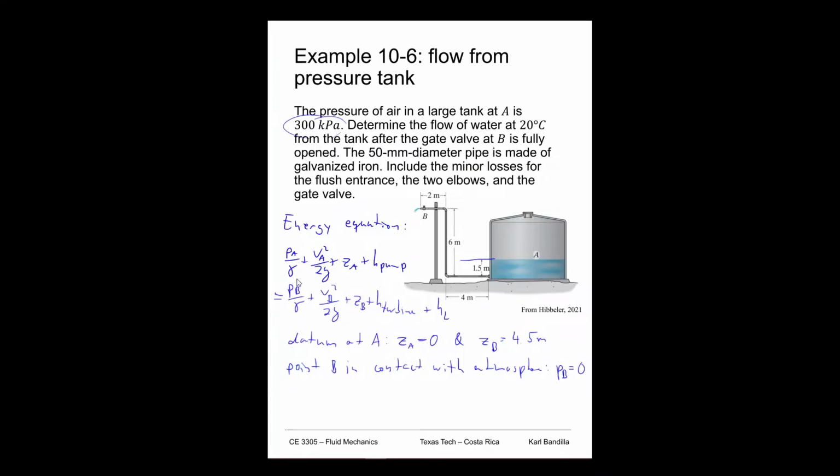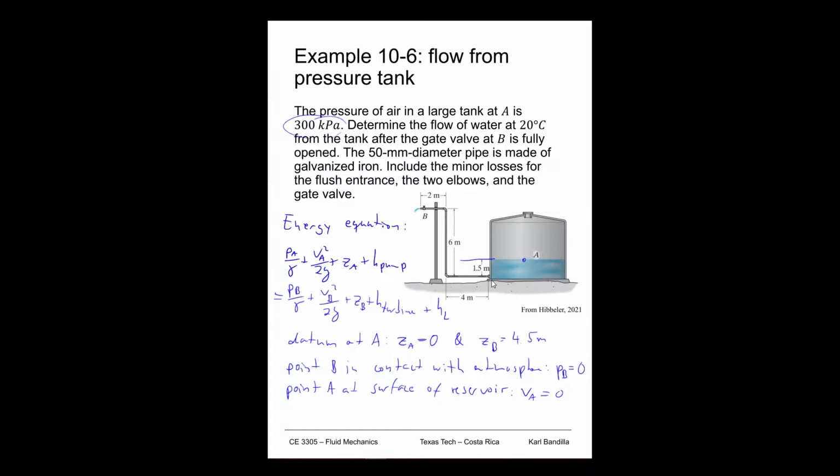So we have the P's. That means we need the velocities. Okay, VA, of course, A is going to be somewhere here. So we can say point A at surface of reservoir means that VA is equal to 0.